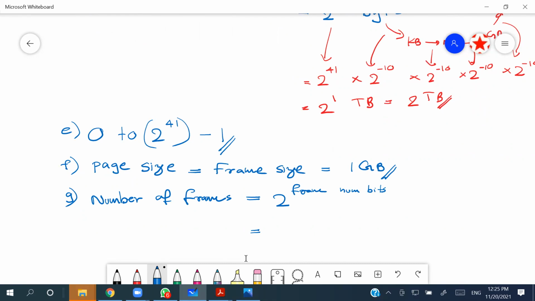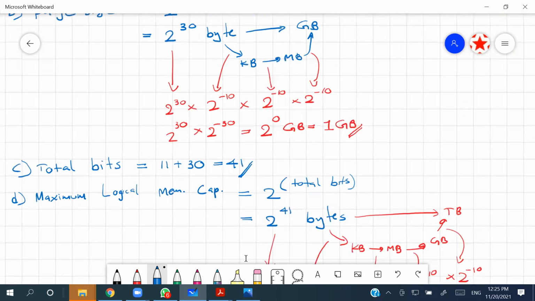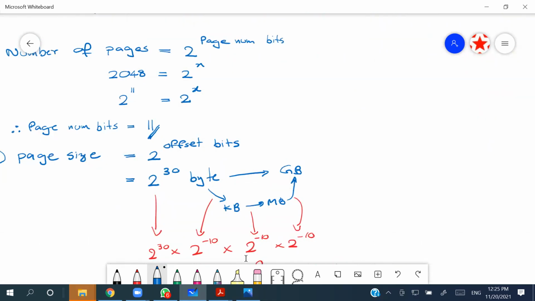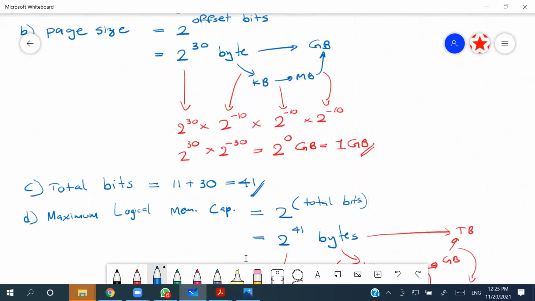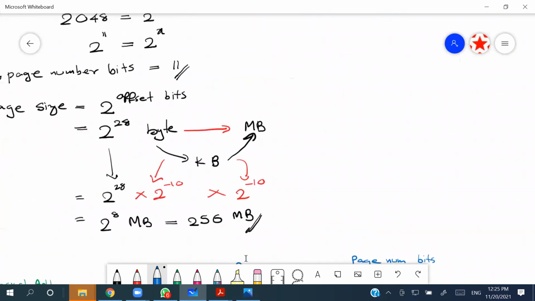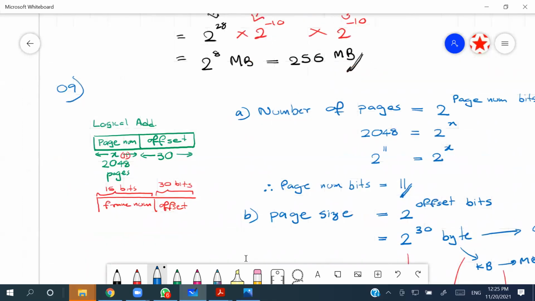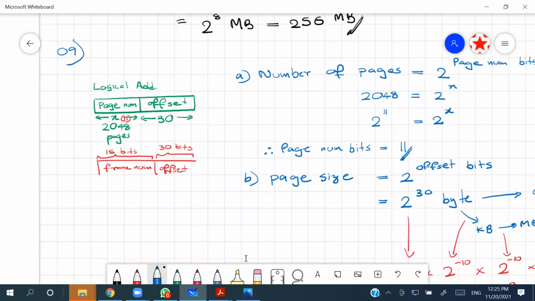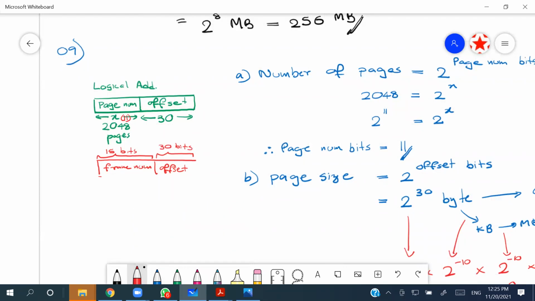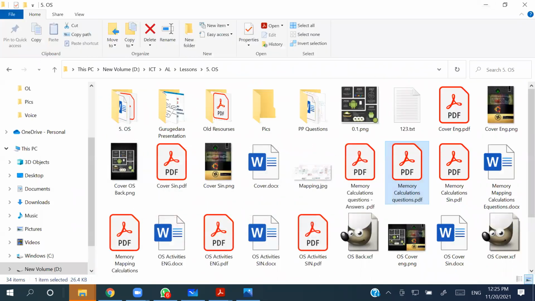How many bits are there in the frame number? Let me see my sketch. There you go. It says the frame number contains 15 bits.